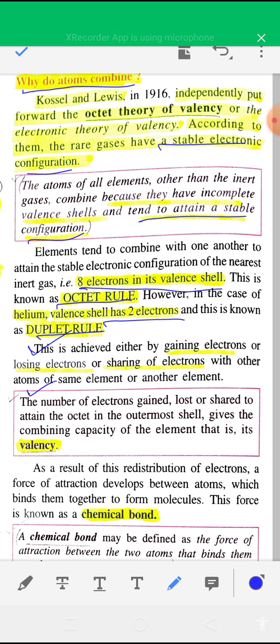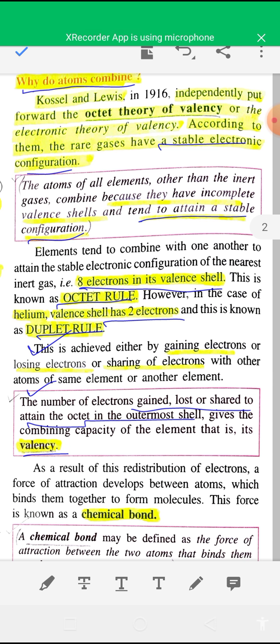The number of electrons gained, lost or shared to attain the octet in the outermost shell of an atom gives the combining capacity of that element, and this is known as valency. Another definition of valency is the number of electrons gained, lost or shared to attain octet in the outermost shell.